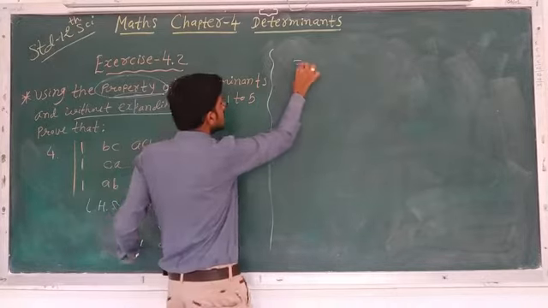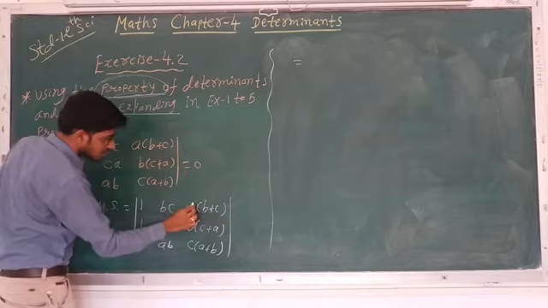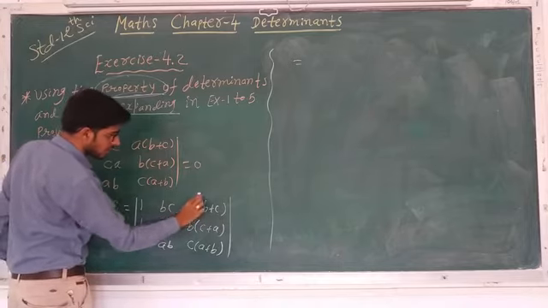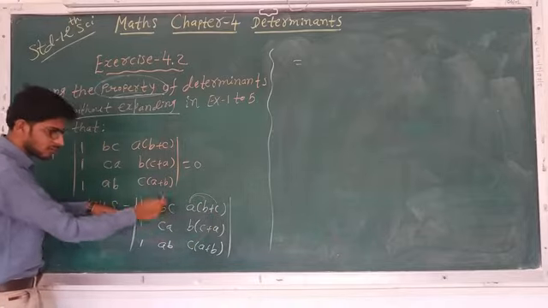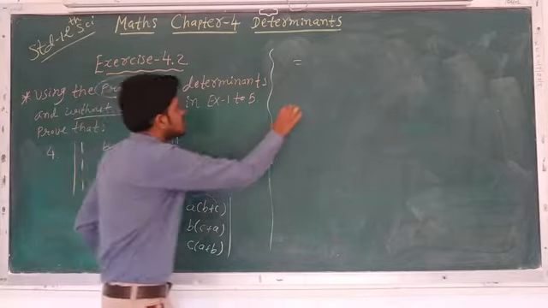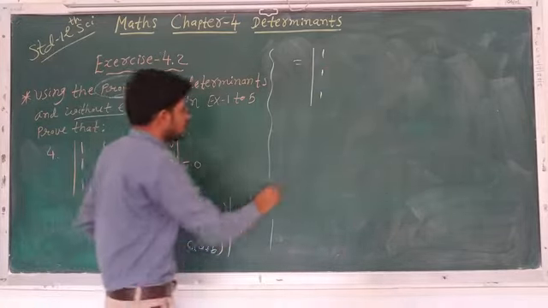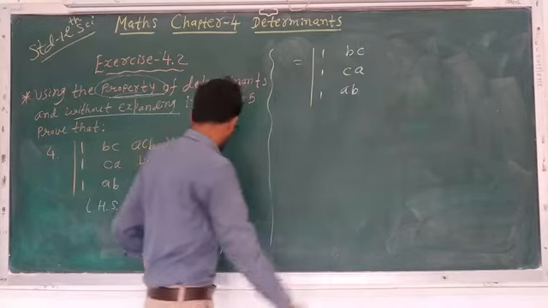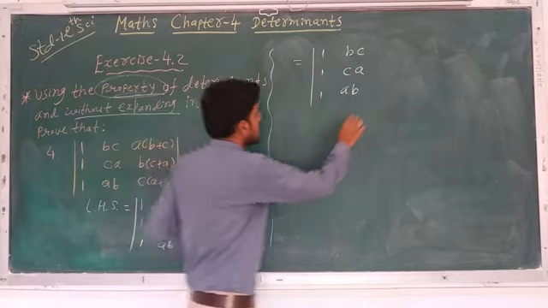Is equal to. Now first of all we will open the bracket, so we will multiply A to both, A into B and A into C. Same thing we have to open this bracket. So first and second column as it is, 1, 1, 1 and BC, CA, AB, and third column we will multiply by A. So AB plus AC.